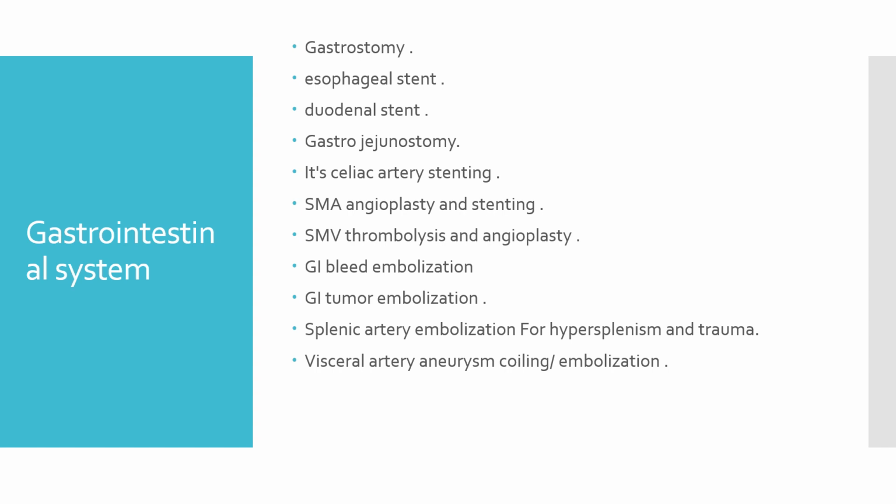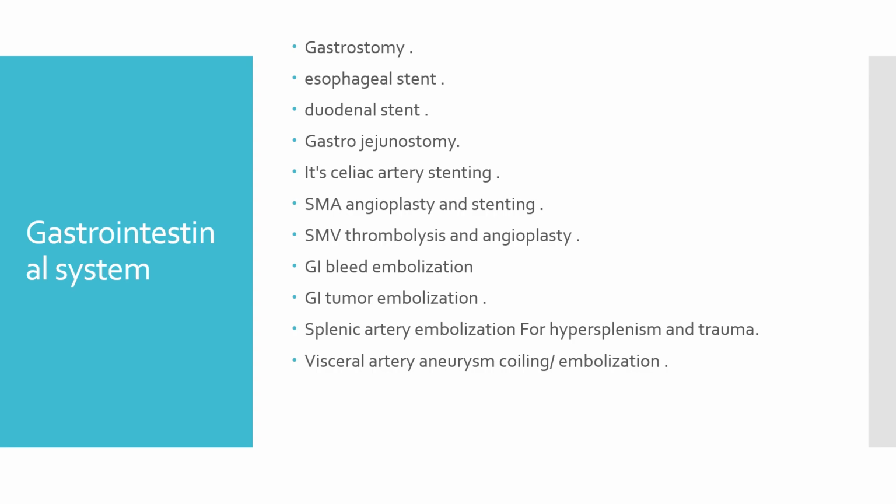Going to the gastrointestinal system, we can put a stent from the esophagus to the duodenum, and we can create a pathway like gastrostomy and gastrojejunostomy. Going to the tumors, we can embolize when they bleed. We can reduce the vascularity, but usually GI tumor embolization is very rare compared to GI bleed. GI bleed is more common, and we mostly put a coil, or sometimes, rarely, glue can also be used.